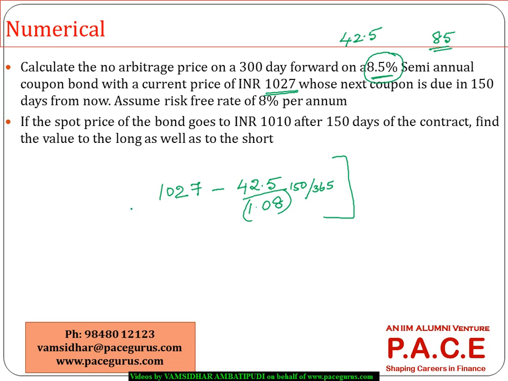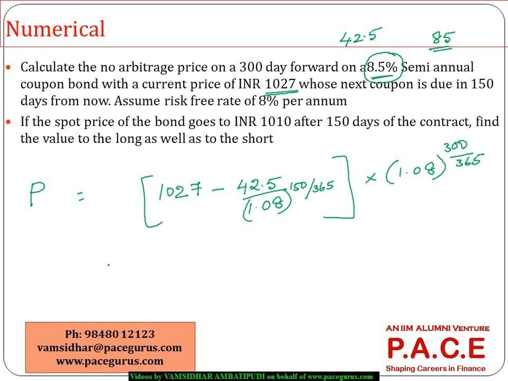This is the adjusted spot price. You multiply this by 1.08 to the power 300 by 365, which will give you the no arbitrage price of this forward contract.